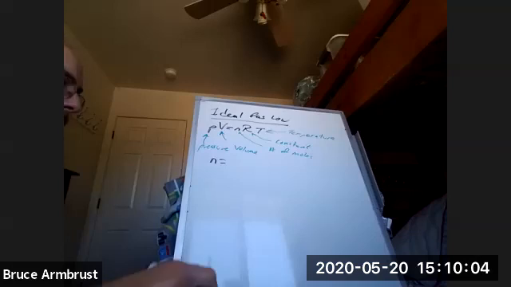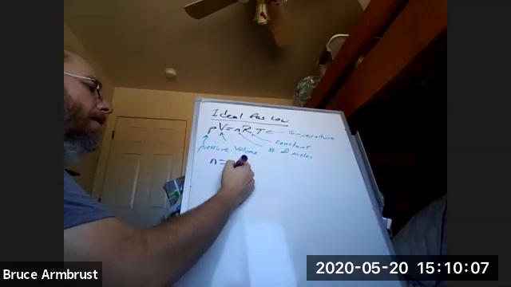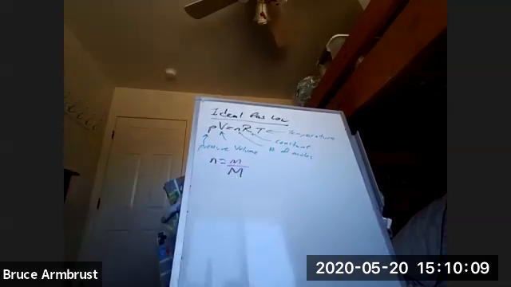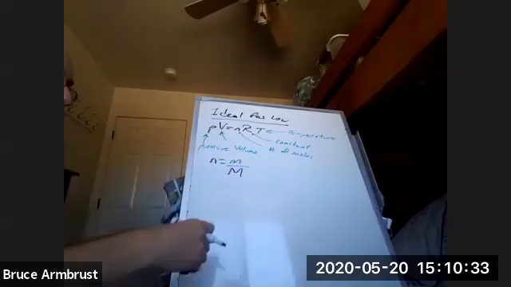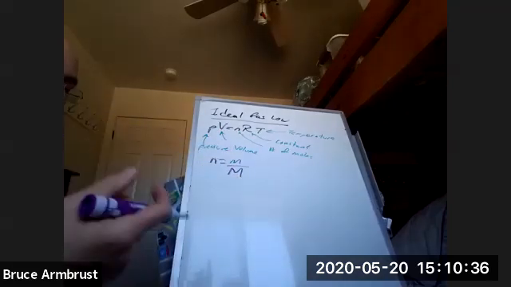We're going to write this as little m over big M. The little m is the mass, and the big M is the molar mass. So molar mass is kilograms per mole, basically.